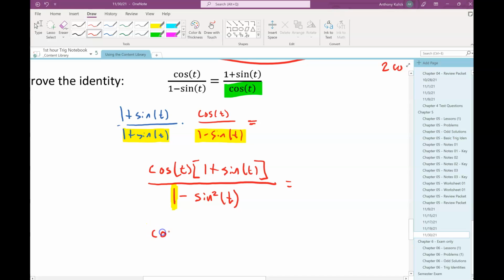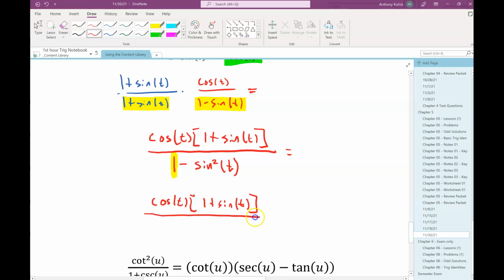So I'm going to replace my 1 with sine squared plus cosine squared, which I love because I already have a minus sine squared in the denominator that are going to cancel those out.